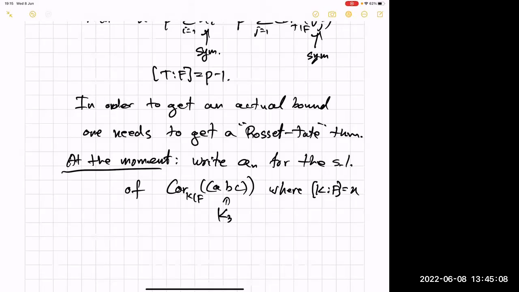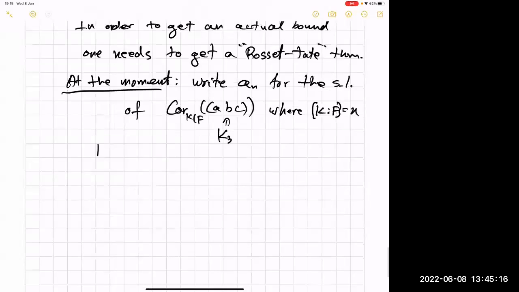So how many symbols do I need in order to compute the co-restriction from a degree n extension? I got this recursive relation: A_n is n plus n times A_{n-1}.